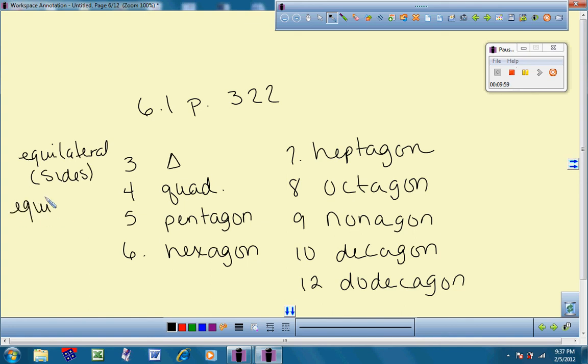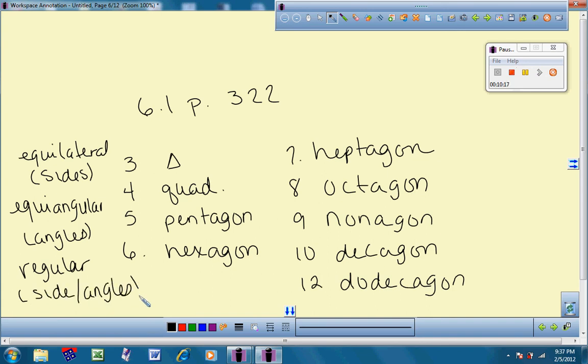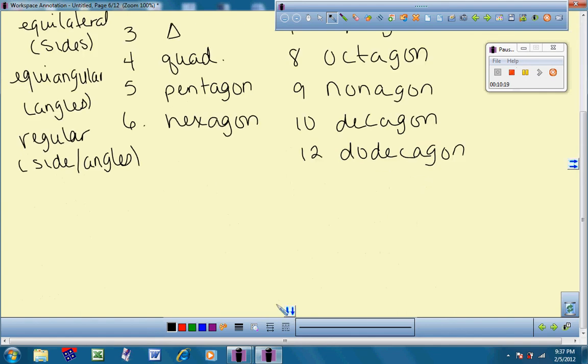Equiangular means only the angles are congruent. Regular means both sides and angles are congruent. And then also know convex and concave.